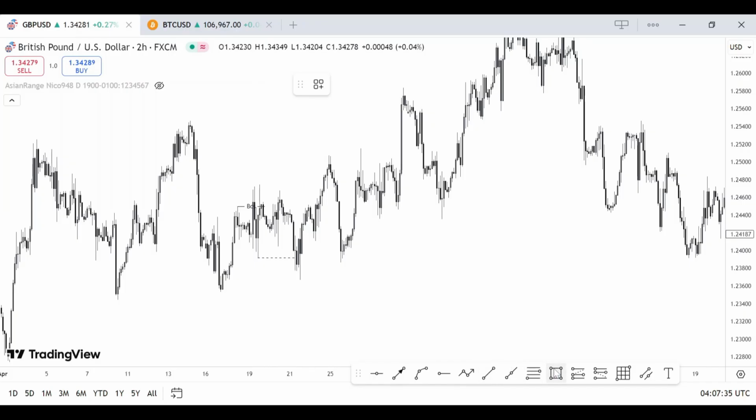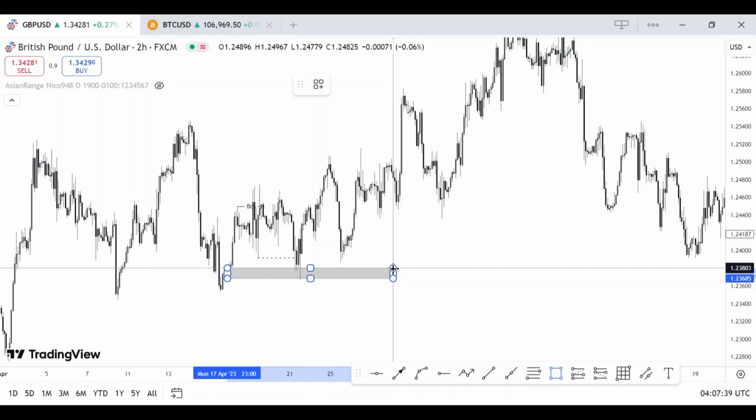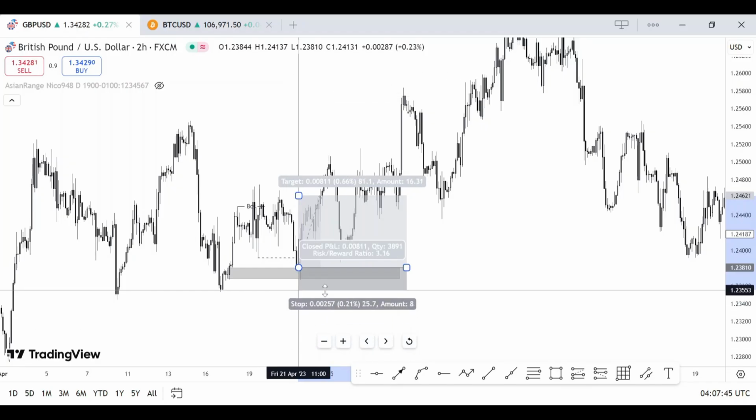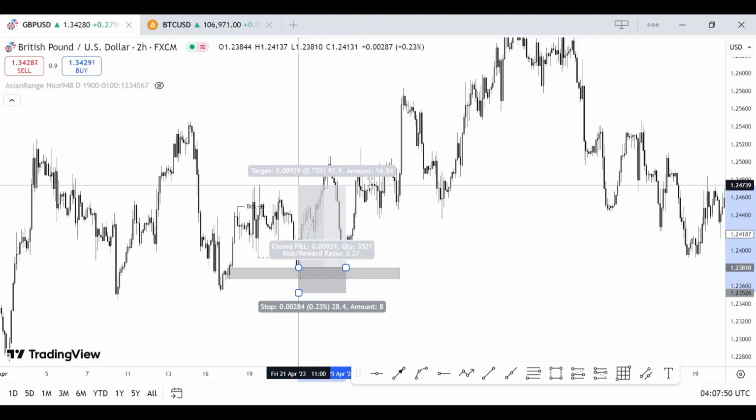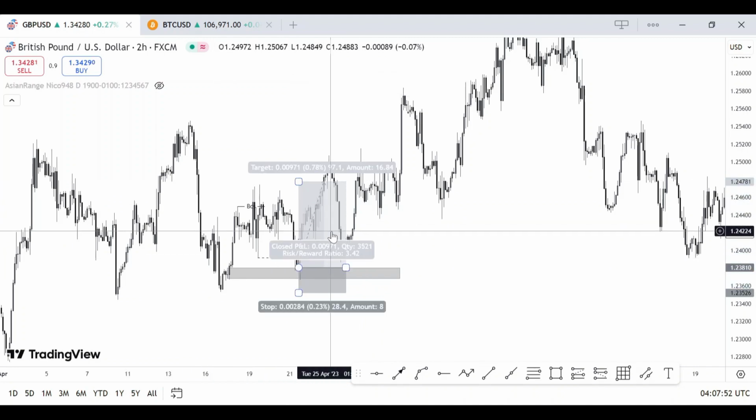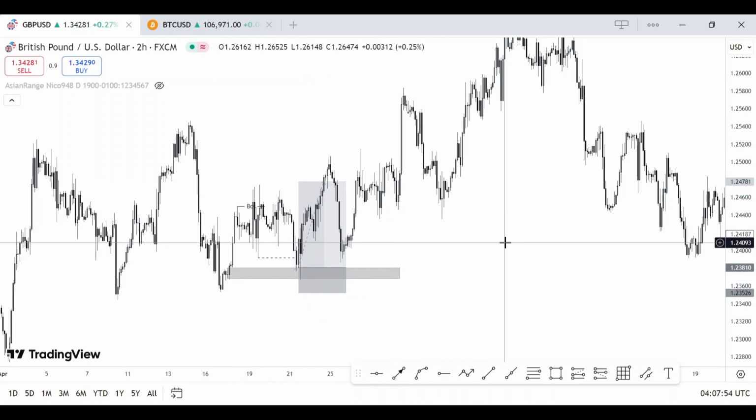And what do you do as a smart money trader? You use this demand zone right here as your entry. You place your buy limit, stop below this low, and target this next high. That's the 1 to 3.4 risk to reward ratio.